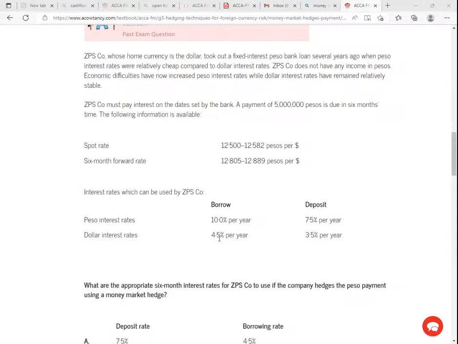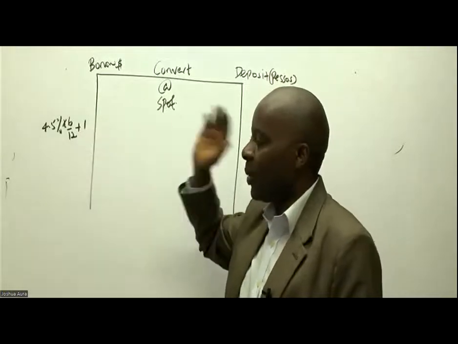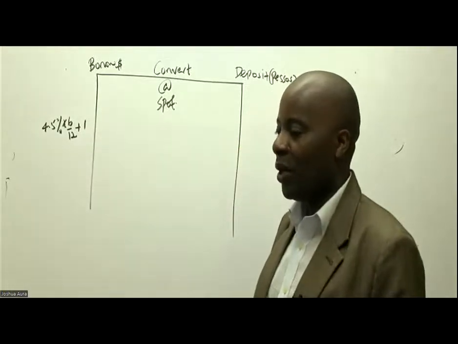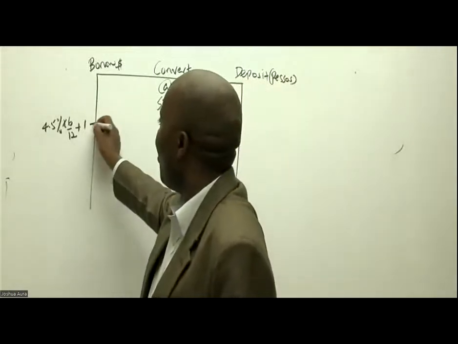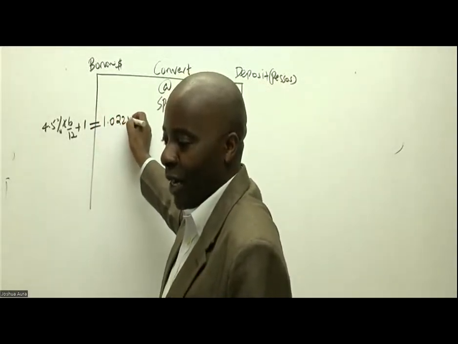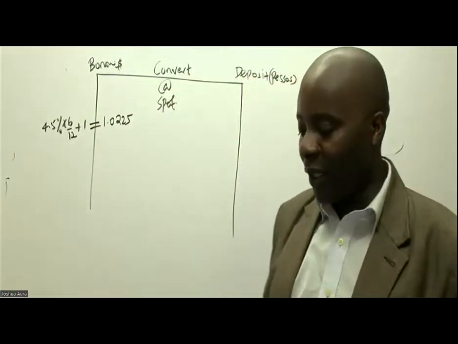Could you kindly give me this answer? I hope you remember this part. 4.5% times 6/12 plus 1. Marietta Mutunga gives me 1.0225. Terry is giving me the other one.